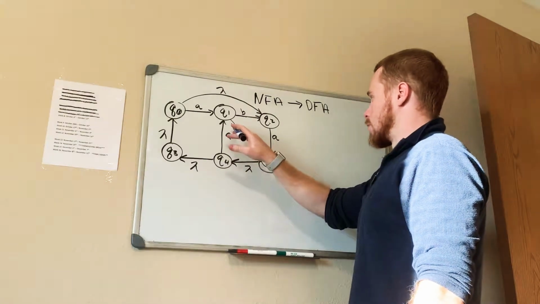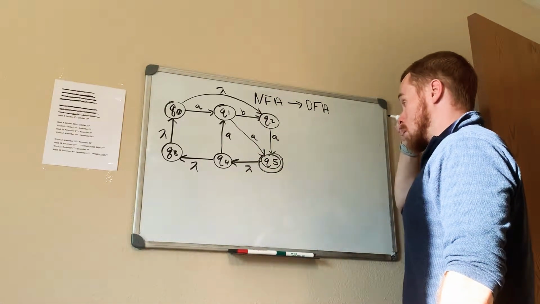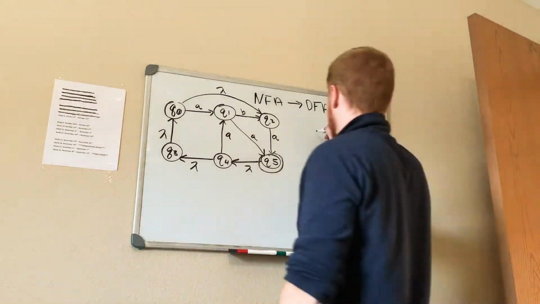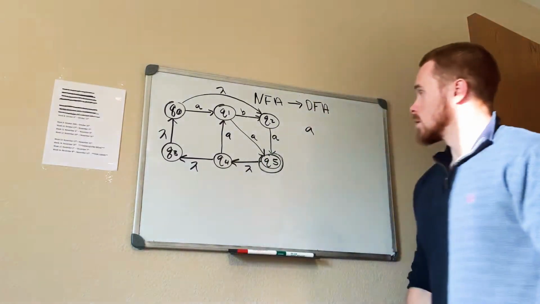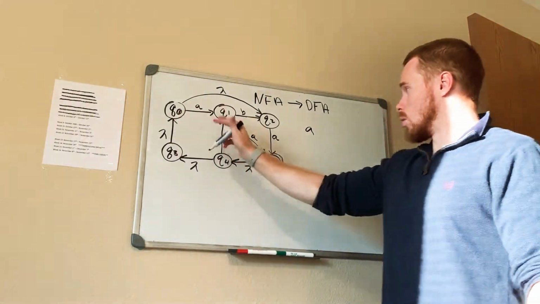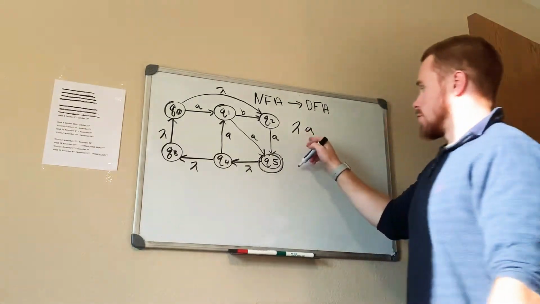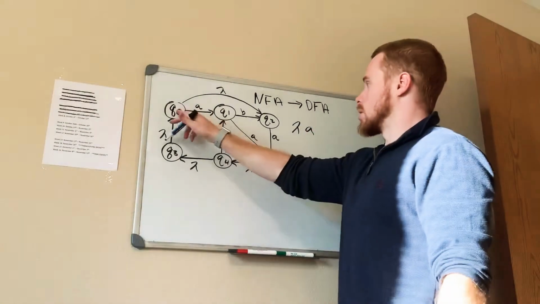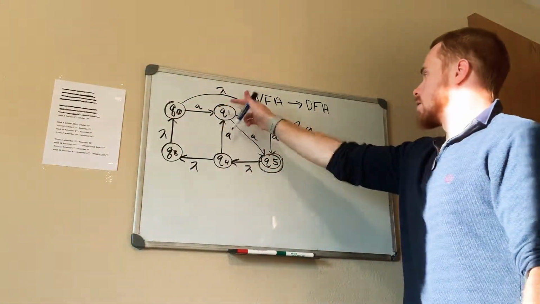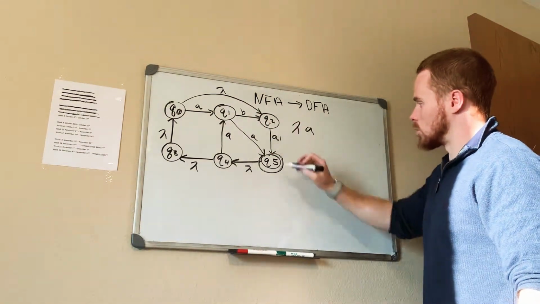So let's say I have the input A. I can either go from Q0 to Q1, or there's a lambda in front of the A because it's basically empty. I can get a free ticket to state 2, and then I can use A to transition from Q2 to Q5.